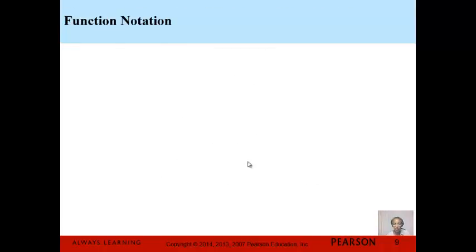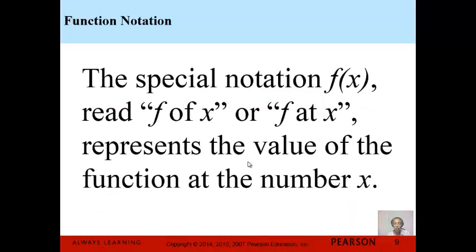Let's take a look at function notation. So in this special notation, the letter that gives the name of our function is f. Beside the letter name of the function is a parenthesis with the variable inside of it.